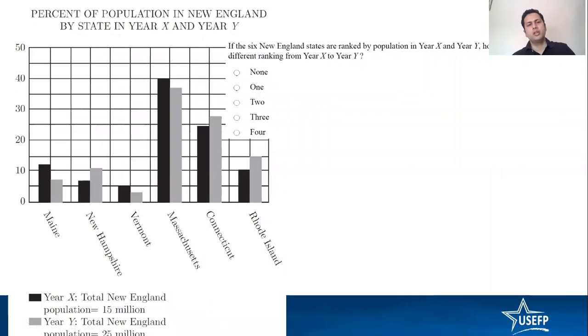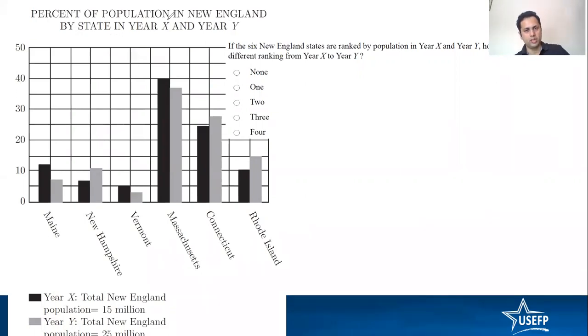Now comes a data analysis question. Data analysis questions are very easy to cover, and you can easily identify them.